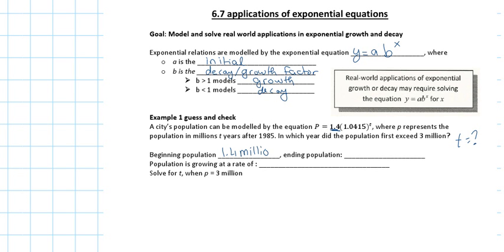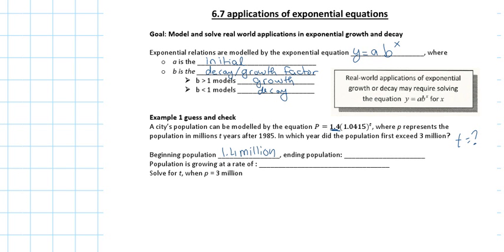Okay? What else do I know? Do I know my ending population? What is it? 3 million. The question is asking you, in which year did the population first exceed 3 million?